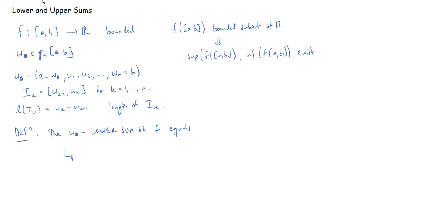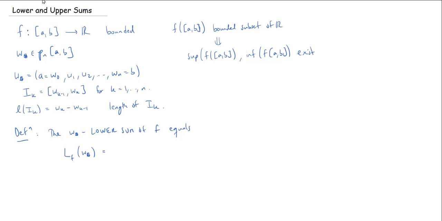This is a little different from the textbook, but I prefer this notation, so that's what I'm going to use. So L is for the lower, f is telling you which function we're talking about, and then it's going to be a function of the partition. So I get the lower sum of f, but if I change the partition, I get a different lower sum.